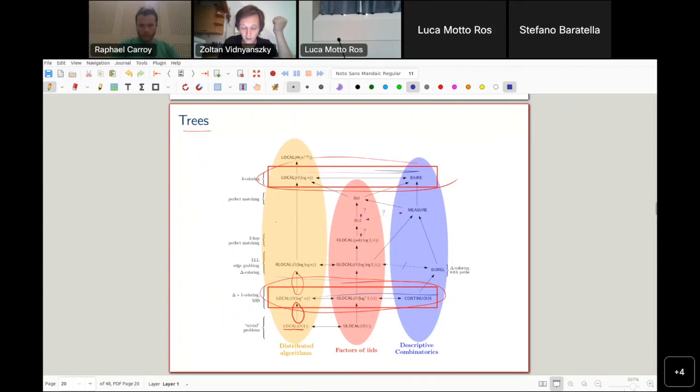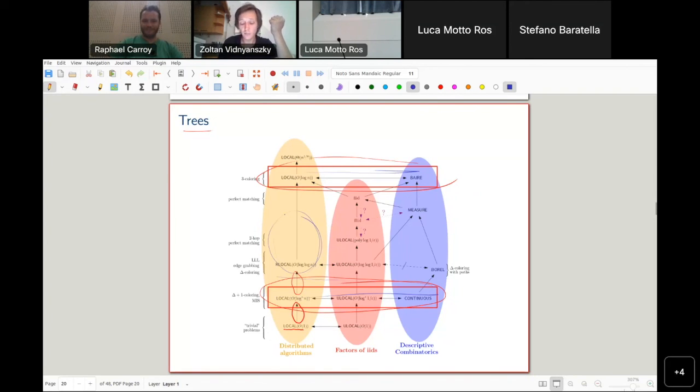So the question is, is there a computational model in the distributed world which would correspond to the Borel, say, hierarchy there? And I recently became somewhat optimistic about this question. The downside is, of course, that this is not really going to be local. And maybe for that reason, it's not going to be interesting for the people in computer science.